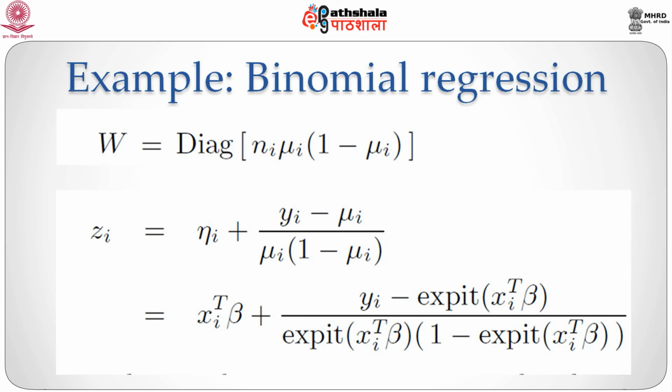We then update eta and hence also update z to get z2, that is a new form of my constructed variable. We also update the weight matrix W and again fit a weighted least squares. So thus we see a justification for the name, iteratively reweighted least squares. That is, we have a sequence of iterations. At each iteration we are fitting a least squares, not on the original variable but on z, and we are in fact fitting a weighted least squares where the weight matrix needs to be updated at each iteration.